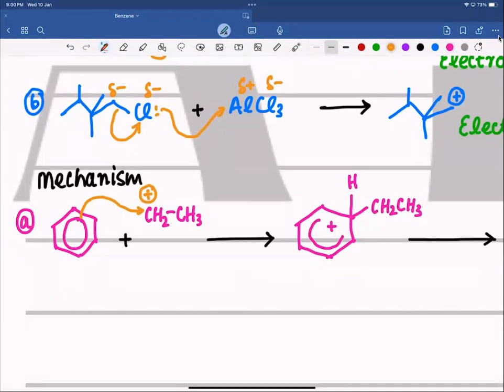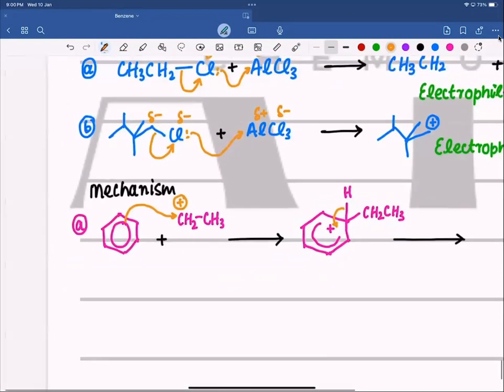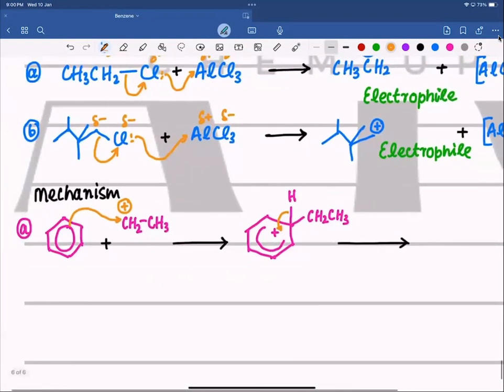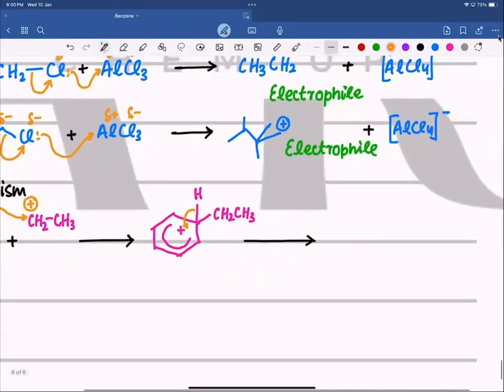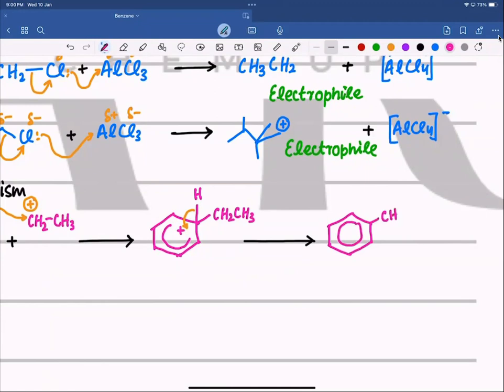Now, what will happen? The carbon breaks the bond with the hydrogen heterolytically and takes the whole pair of electrons and provides them to the pi ring system. As a result, the pi ring system is restored, the alkyl chain has substituted the hydrogen, and our product is formed.